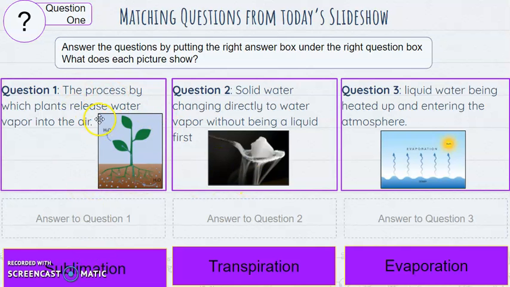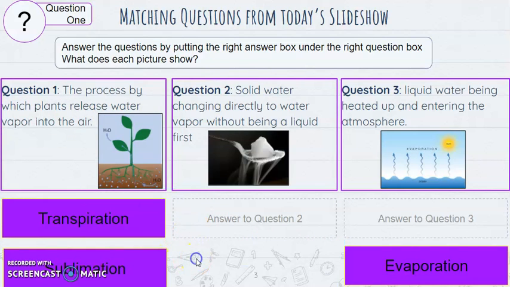All right, let's go ahead and answer these questions to see if we understood that. Feel free to pause the video. The process by which plants release water vapor into the air is called transpiration. Think about when you sweat, it's kind of the same. Question 2. Solid water changing directly to water vapor without being a liquid first.